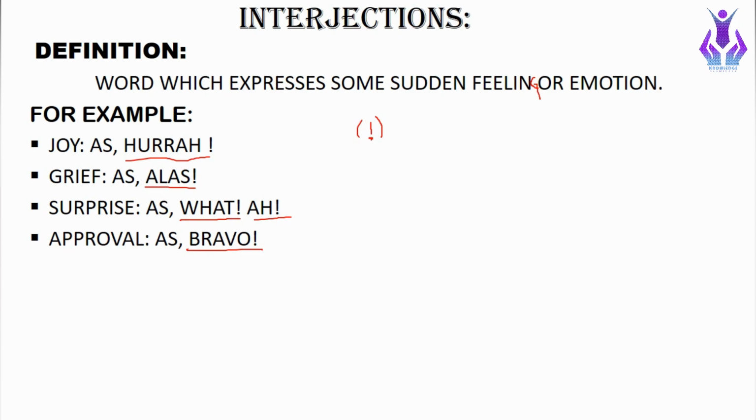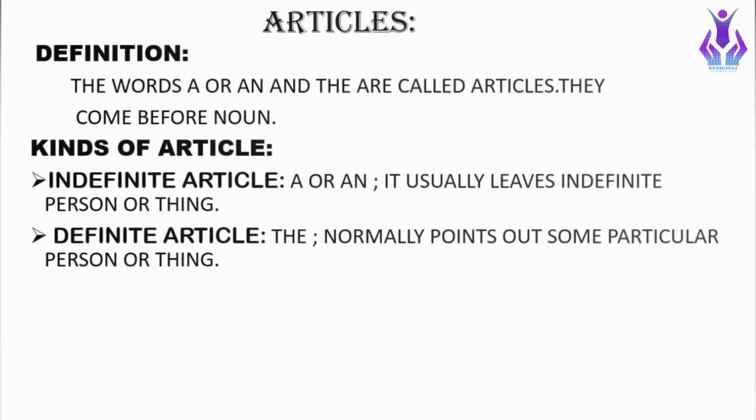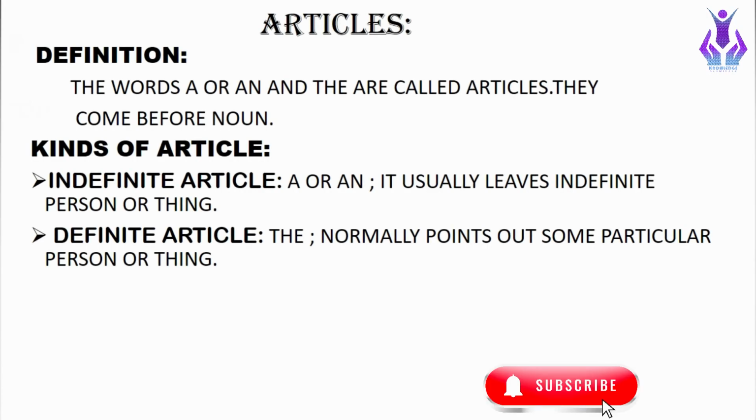Before moving to our next lecture, let me tell you something about articles as well. As I have told you, articles are not parts of speech, but they are somehow related to them because they are used in sentences and are very important. The words a, an, and the are called articles.